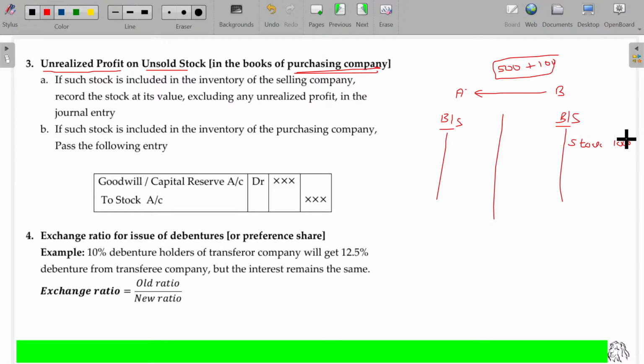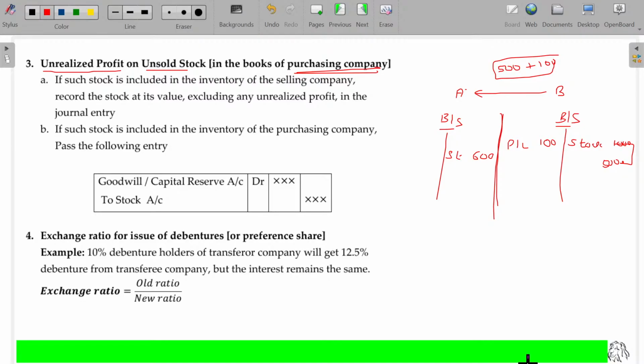Naturally, stock will be reduced from 1000 to 500, and automatically it gives rise to the profit for B. In the balance sheet of A, the new stock comes at what rate? 600 rupees. Am I right?